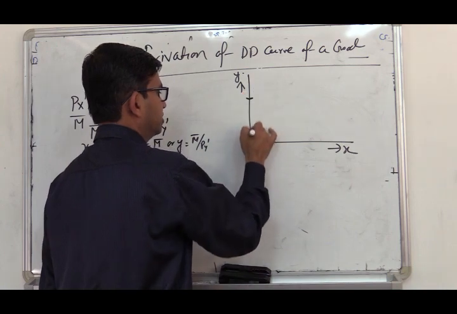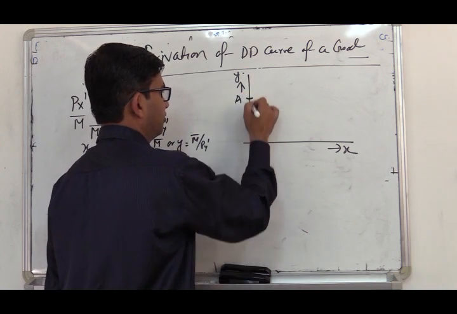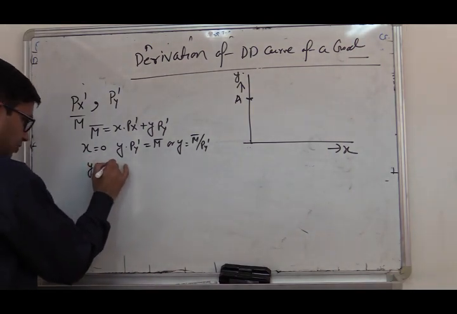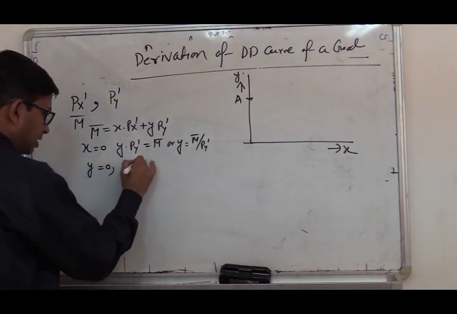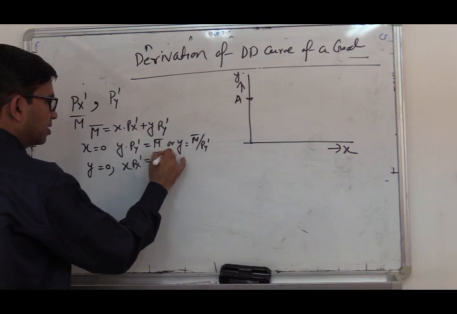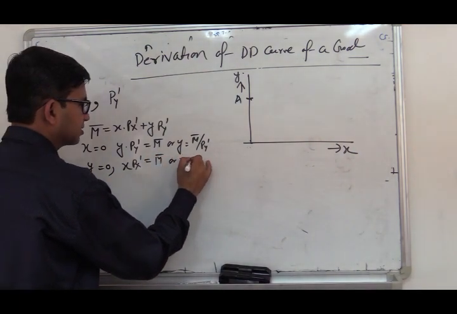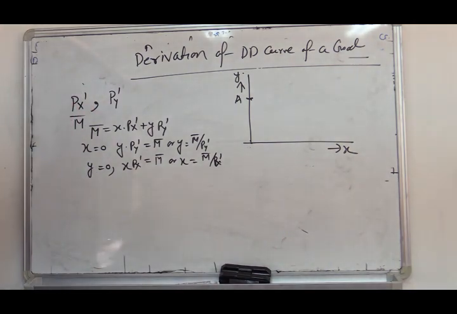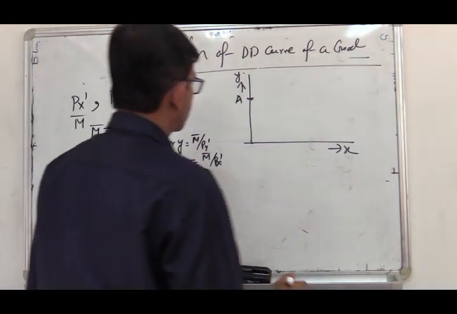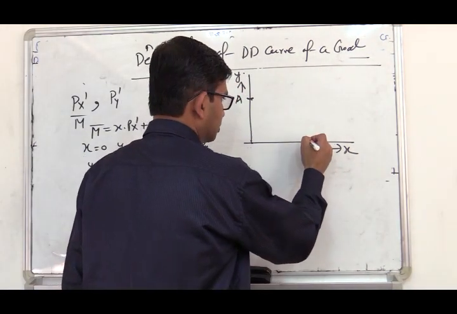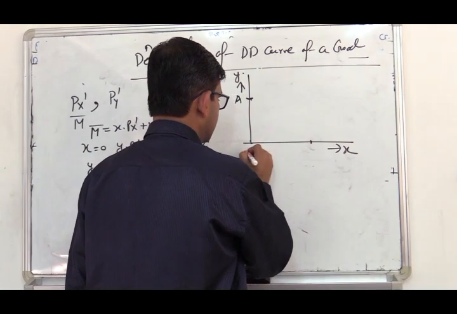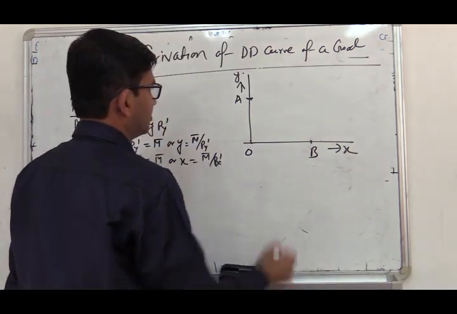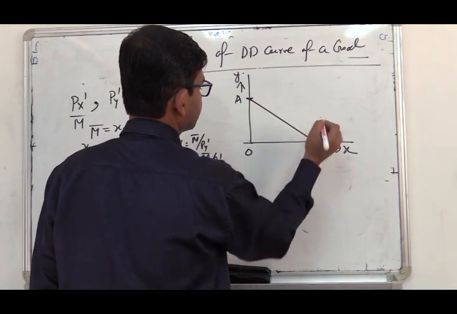The length of this segment OA will be m bar by py1. And similarly if y equals 0, x px1 equals m bar, or x equals m bar by px1. So we get this OB, and OB equals m bar by px1. We get this budget line here.